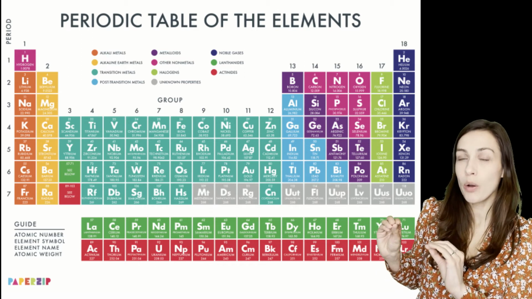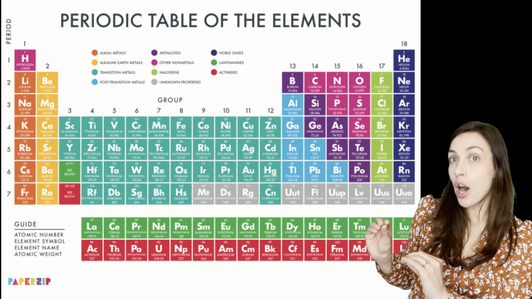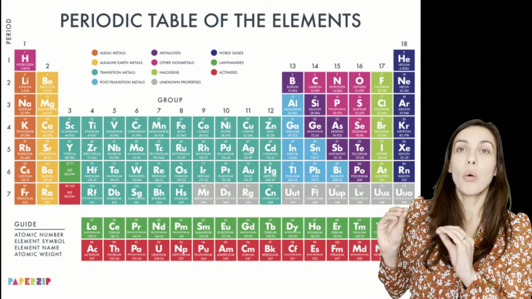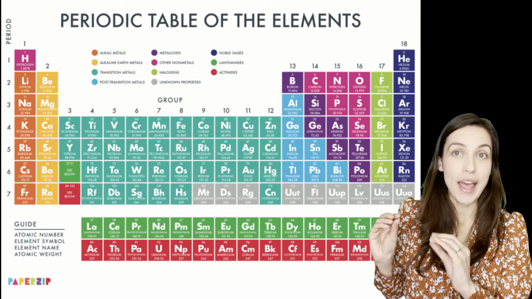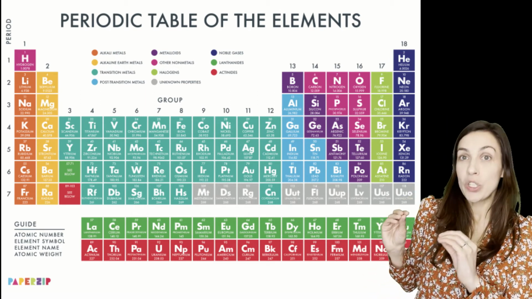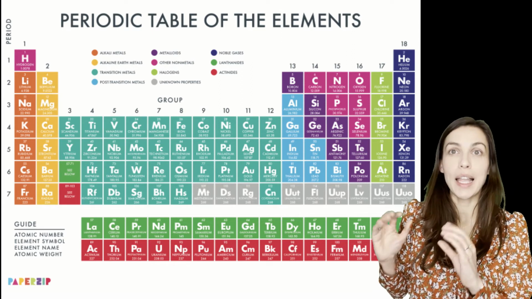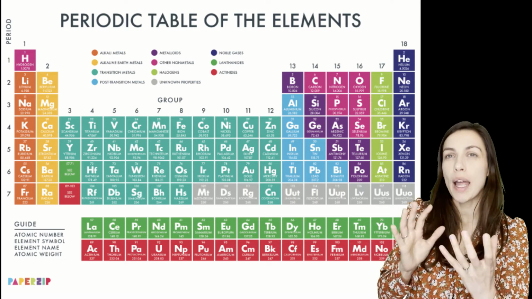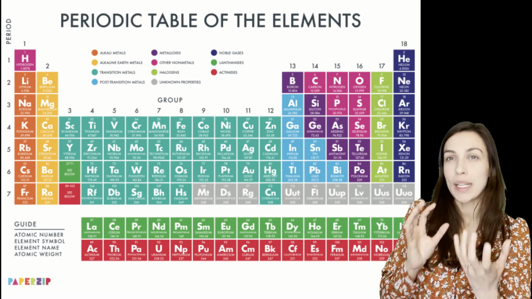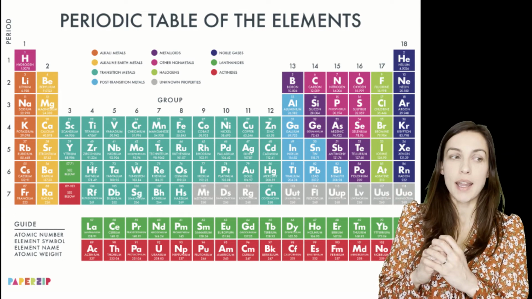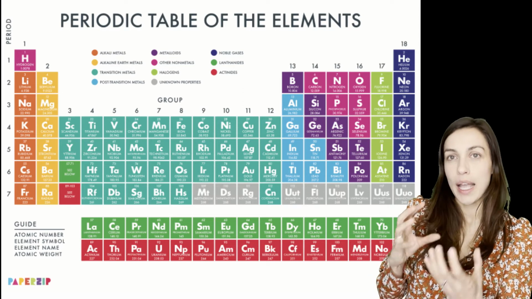What you need to know is that each box represents one type of atom, which is also to say that it represents one chemical element. So saying one variety of atom or one kind of atom is the same as saying one chemical element.